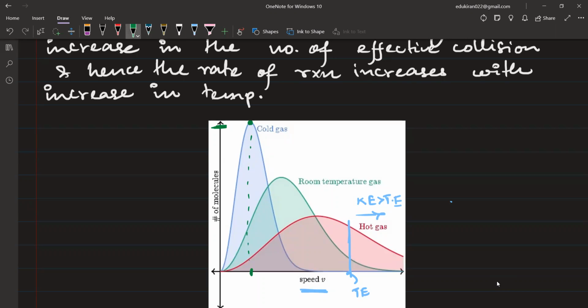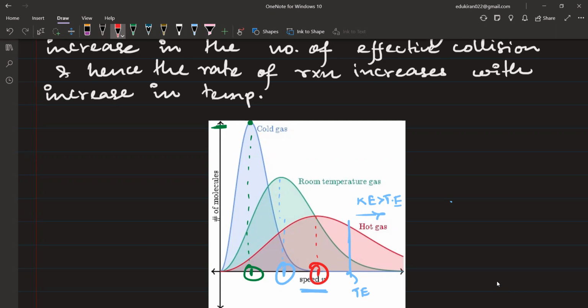So what it is representing is that most of the molecules in the cold gas are having this kinetic energy and this speed. Most of the molecules in room temperature are having this speed, and for a hot one, this speed. So tell me which is having the highest speed.